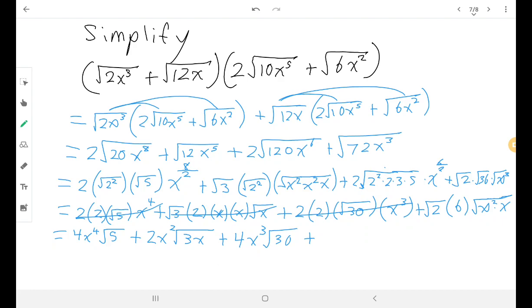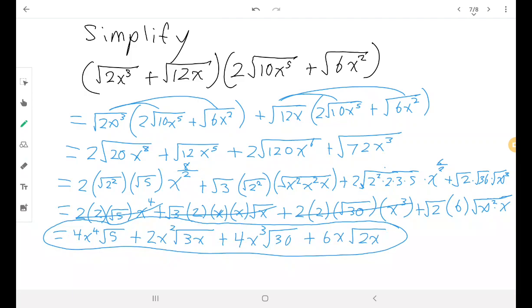Plus, I've got 6, and then square root of x squared is just x. And then I'm going to have the square root of 2 and the square root of x that I can put together, so times the square root of 2x. And as you can see, if you look at this, there are no like terms and no like radicals, nothing to put together. So this winds up being my final answer.